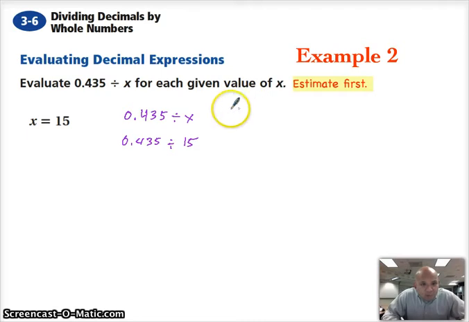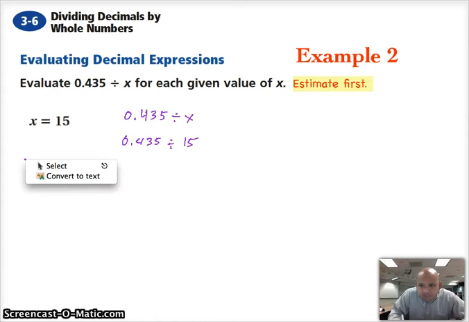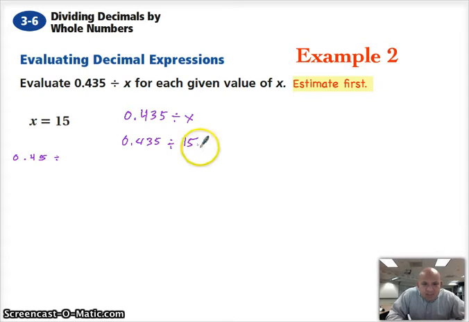Now, one way in which I can choose compatible numbers is to look at this as 45 hundredths. That's close to 45 hundredths. 45 hundredths divided by a compatible number, I'm going to say 10.